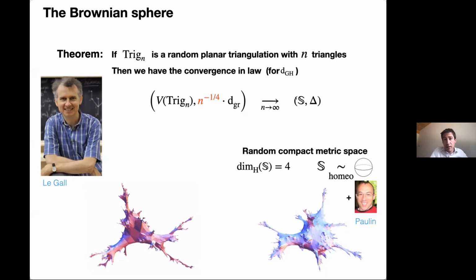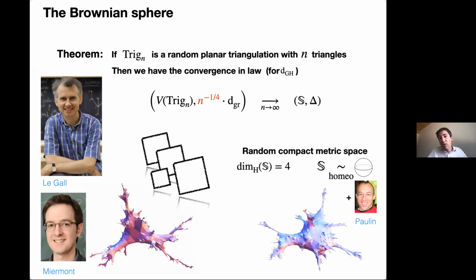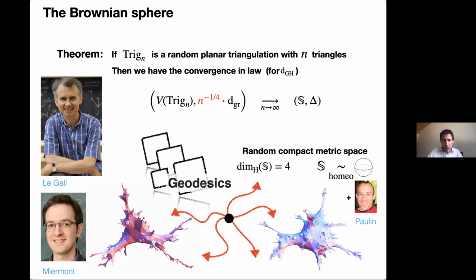The Brownian sphere has been studied a lot. It is universal in the sense that it can be obtained by taking the scaling limit of other classes of planar maps, for example quadrangulations, as Grégory showed at the same time as Jean-François when they proved this theorem. Of particular interest is the study of geodesics in this random metric space, and the behavior of the geodesics has been studied a lot as well.